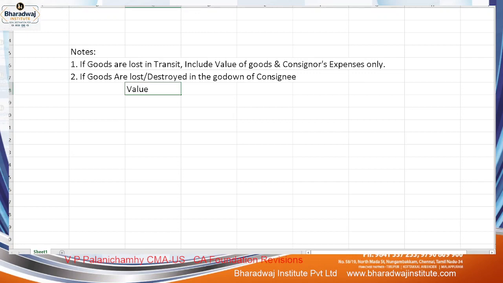Value of goods, meaning proportionate value of goods, plus consignors expenses, plus expenses of consignee, or you can better use the word non-recurring expenses.